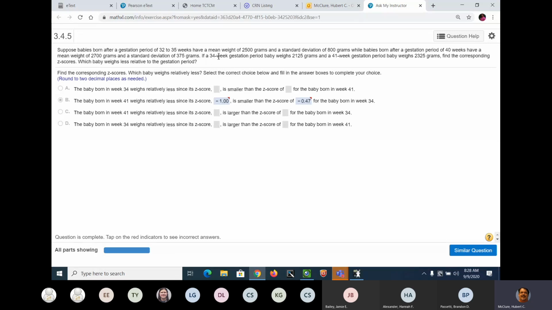If a 34-week gestation period baby weighs 2125 and a 41-week gestation period baby weighs 2325, find the corresponding z-scores. Okay, why is this problem confusing? Because it has too many numbers in it. You got 32 to 35, and then this weight, and this mean, and then you got 40. That's why it's confusing.